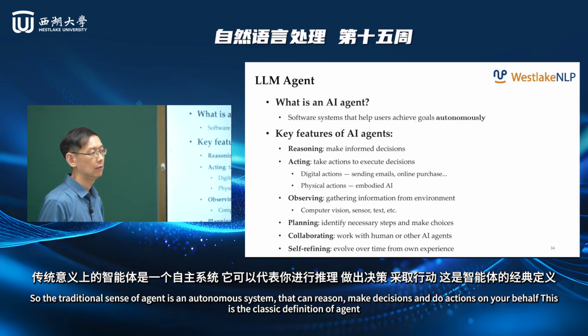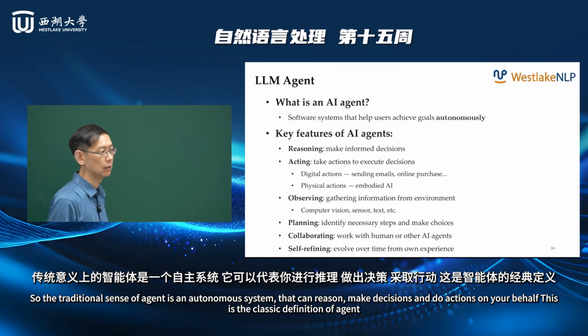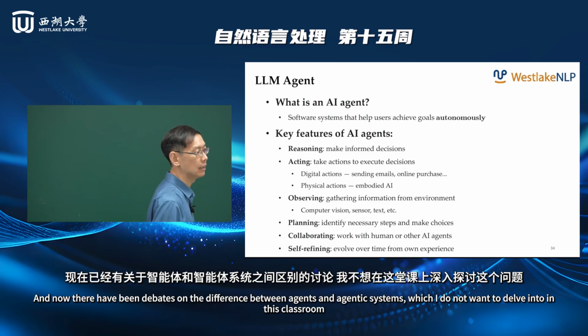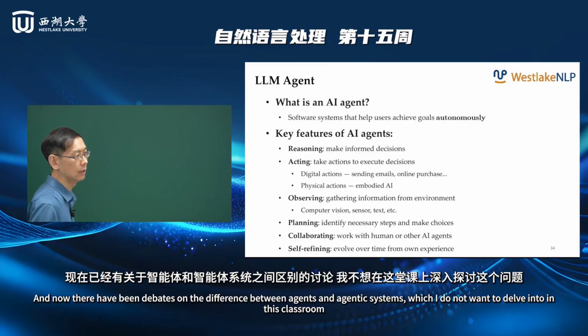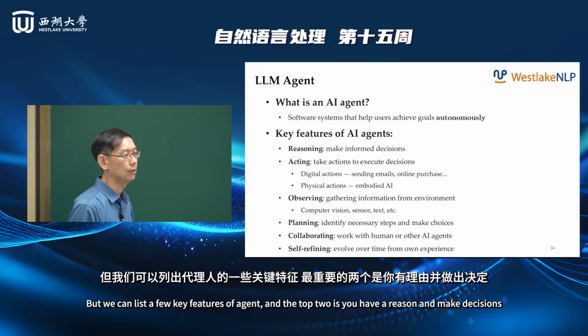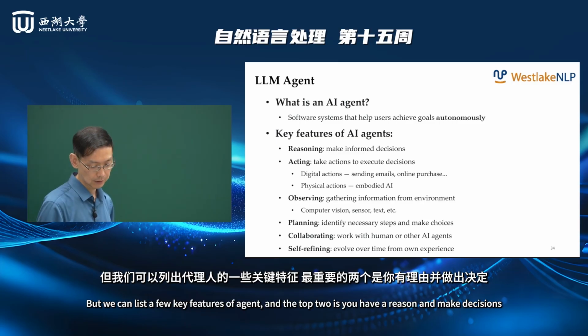This is a very classic definition of agent. And now there have been debates on the difference between agents and agentic systems, which I do not want to involve in this classroom. But we can list a few key features of agents.